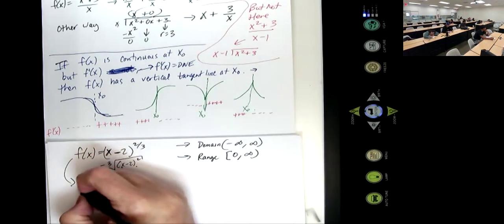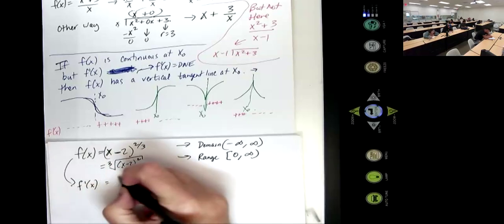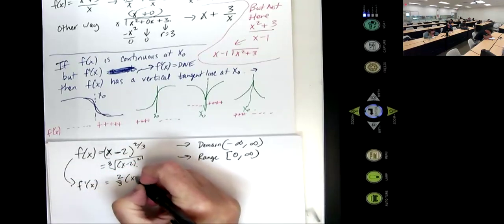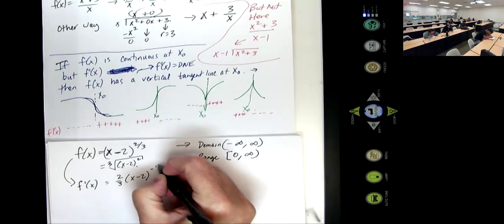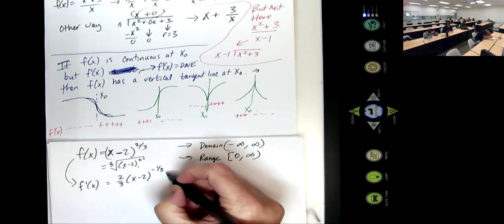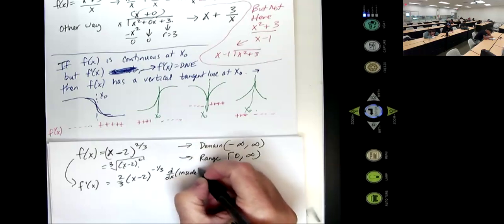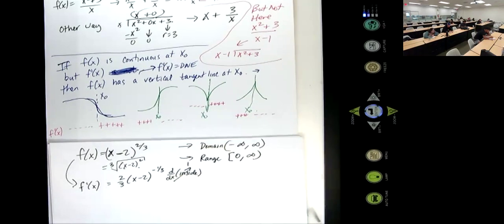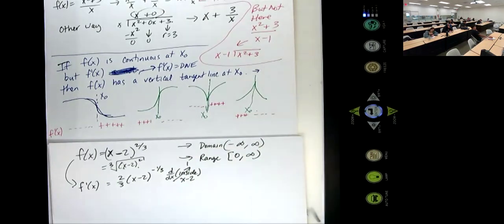Now, if we look at the derivative here, though, we've got 2/3 times x minus 2 to the negative 1/3 times the derivative of the inside. But that just equals 1, since the inside is x minus 2.